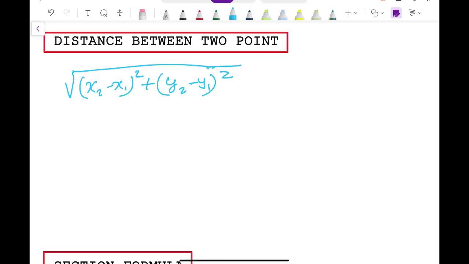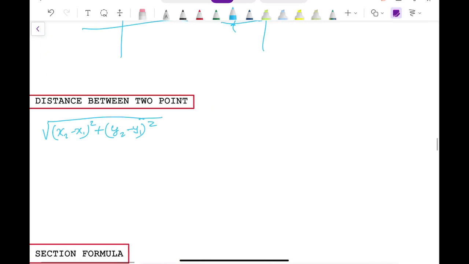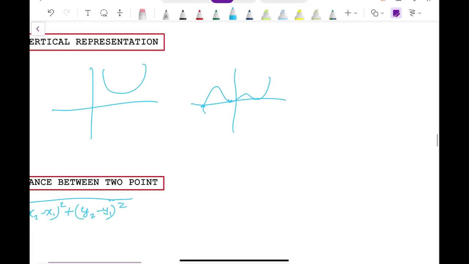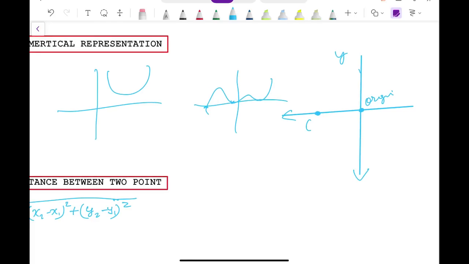So if you want to find the distance between 2 points, but before going to that, I'll just give you a simple thing here. This one we call the y-axis, and this one we call the x-axis. This point we call the origin. But remember, if a point lies on the x-axis, that point will be x, 0.